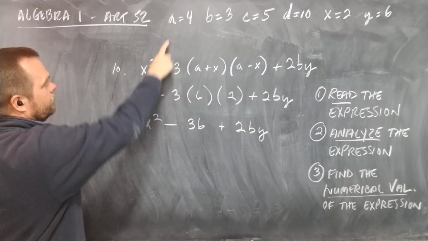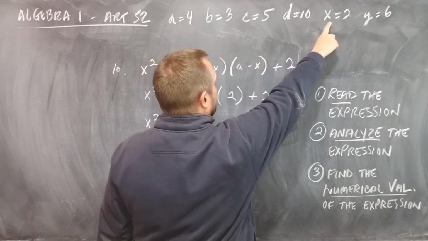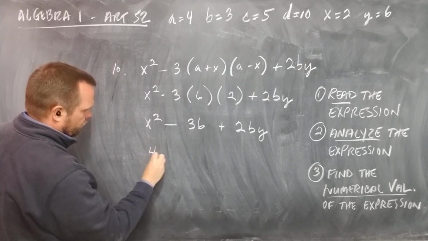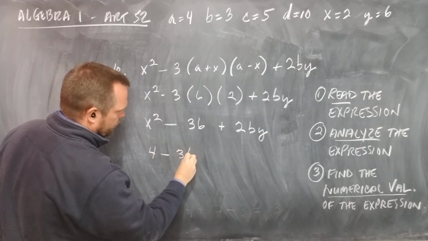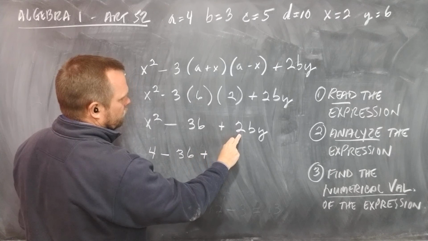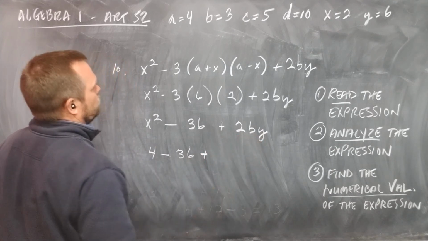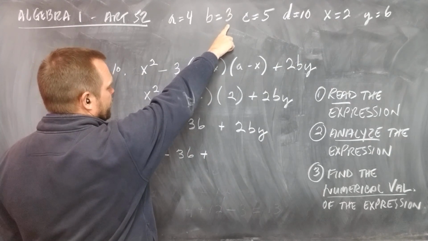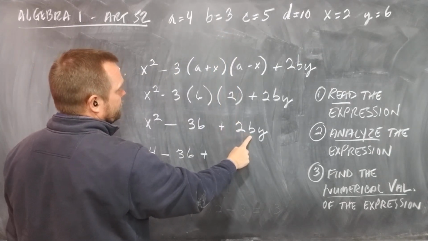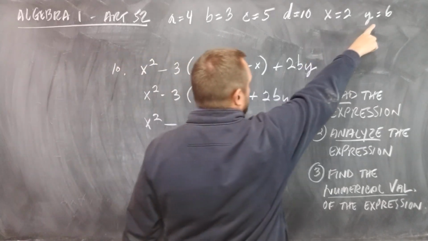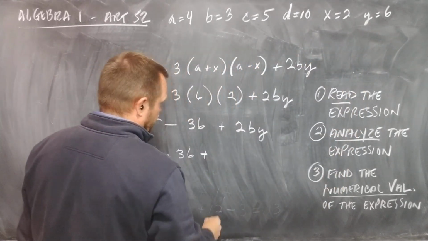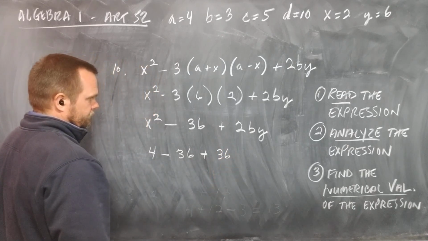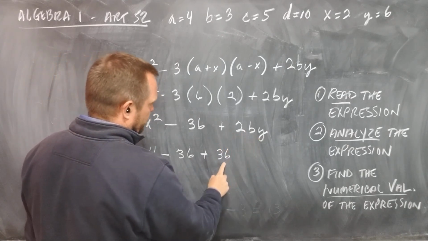x squared will be 2 times 2, which is equal to 4. 4 minus 36 plus 2 times b times y. 2 times b is equal to 3, therefore 2 times 3 is 6, times y, which is 6. That gives us 36. 2 times b times y equals 36.